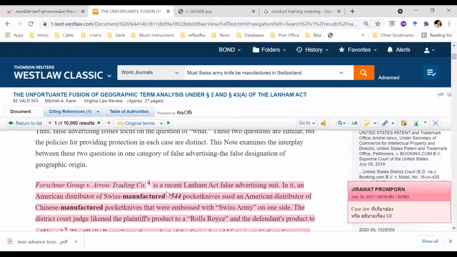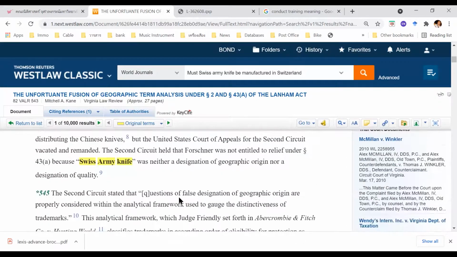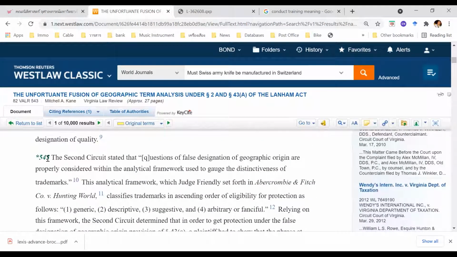So the next part of this article starts with asterisk 544, and then comes another page, 545. So if you want to be more specific, refer to the page. You just follow the page number.